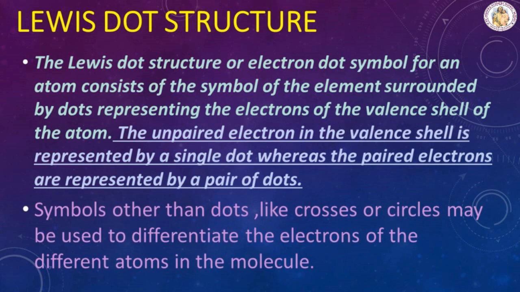The unpaired electron in the valency shell is represented by a single dot, whereas the paired electrons are represented by a pair of dots. Symbols other than dots, like crosses or circles, may be used to differentiate the electrons of the different atoms in the molecule.